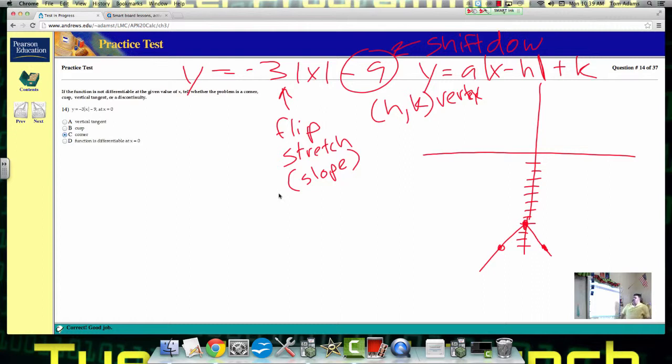But the question says, if the function is not differentiable at any given value x, determine whether the problem is a corner, cusp, vertical tangent, or a discontinuity. So what they're saying is that somewhere on this function there's a problem. You can't differentiate it. Where is the problem? Anybody know? This is a corner.